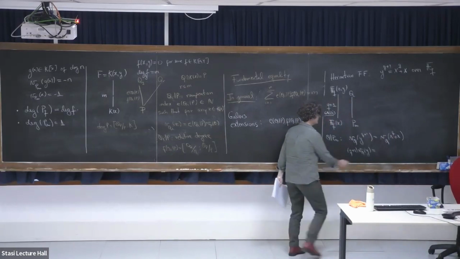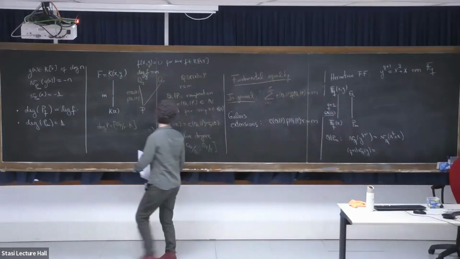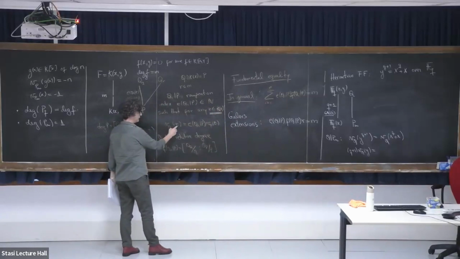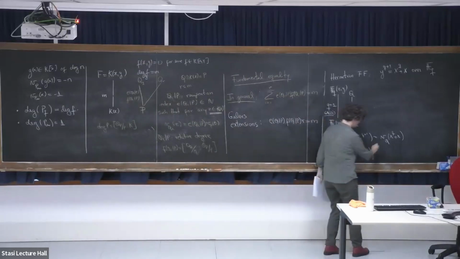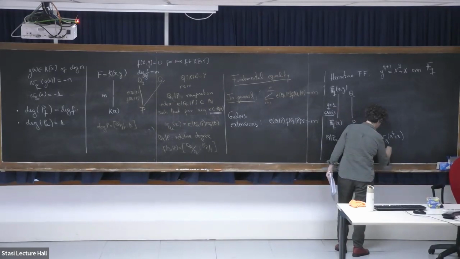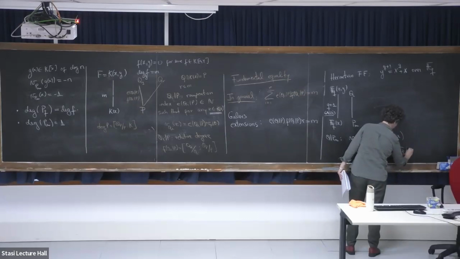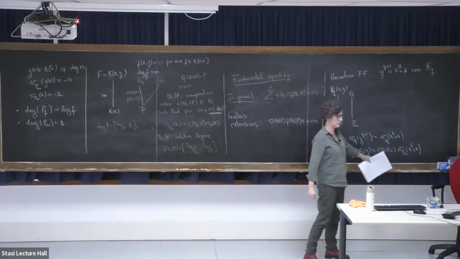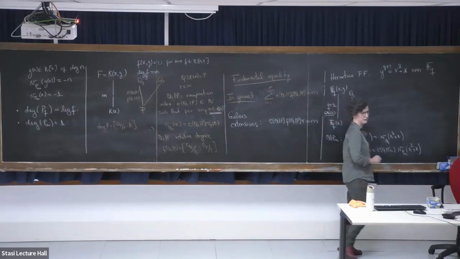And now, since this function is down here, I know how to compute v_Q of the function. It's just the ramification index times the valuation below. Can you see here? Okay, I think you can see.